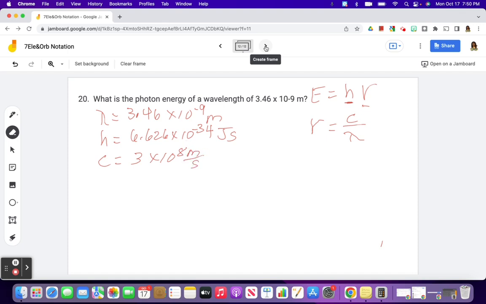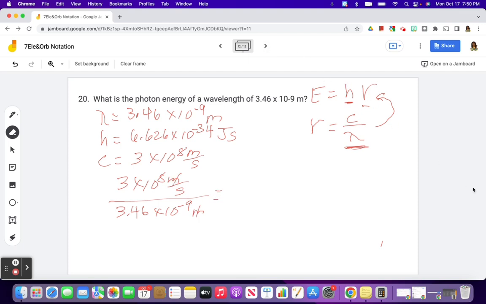We're going to take this equation that's used to solve for frequency with the speed of light and plug it into there. So let's do just that. Let's take our speed of light and divide it by our wavelength. Okay, meters cancel out.